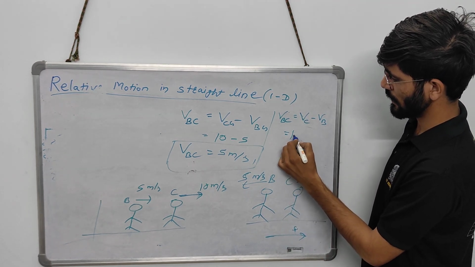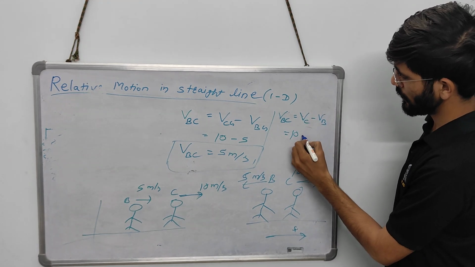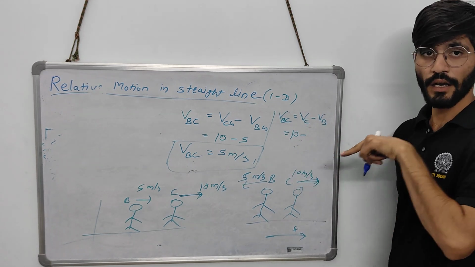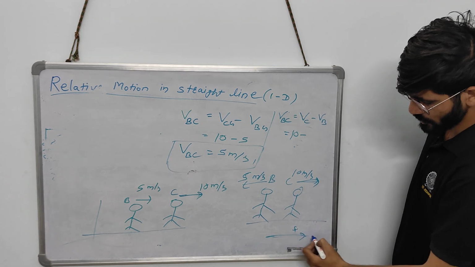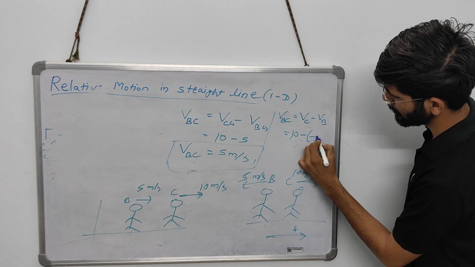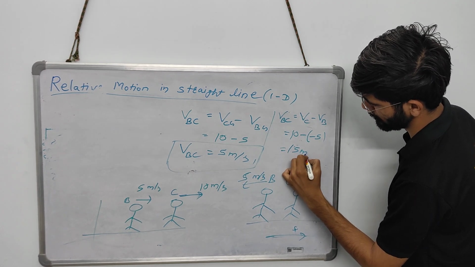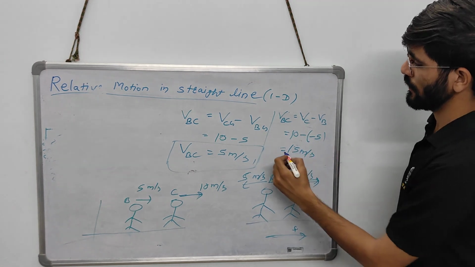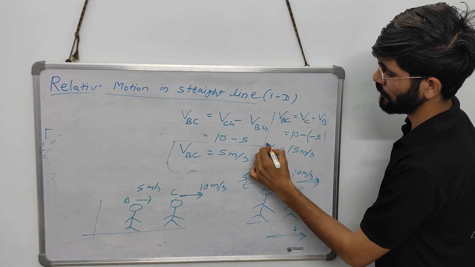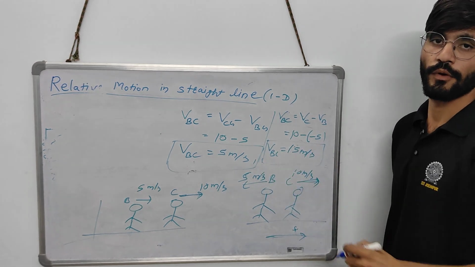So the velocity of C is 10 meter per second, but the velocity of B is opposite to our positive direction, so we consider it negative. So this is now 15 meter per second. The velocity of B with respect to C is 15 meter per second.